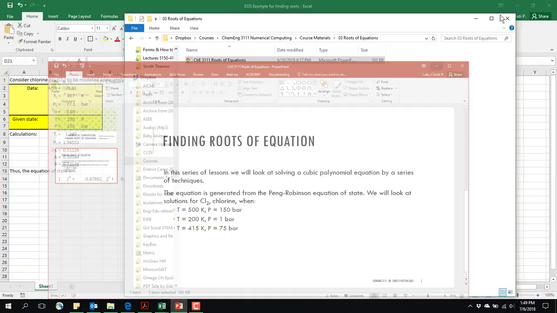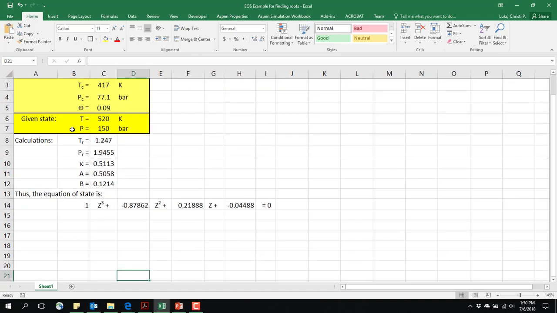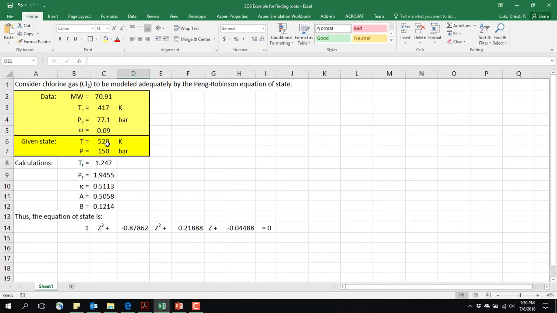So let me close this up, and I have here an Excel file where I've already put in the data for chlorine in this paler yellow up here, and I then have the given state. So we're starting with this first state of 500 Kelvin and 150 bar.